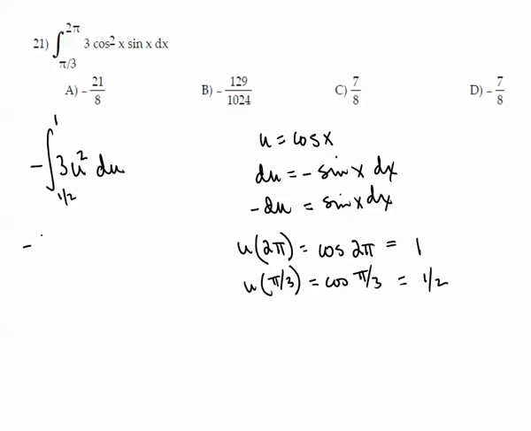So I can bring out the negative 3, and I have u to the third over 3.